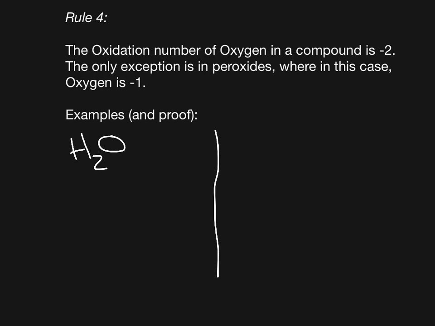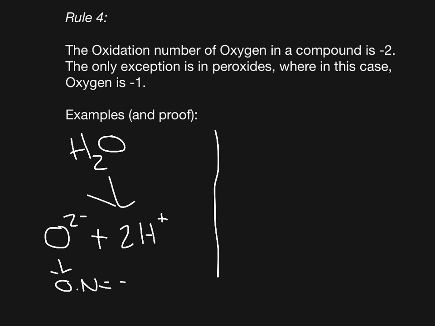And I'm going to use my separation process for electronegativity and separate them into O2 negative plus 2 lots of hydrogen positive. So here we can see just via rule 1 that oxygen now has an oxidation number of -2.